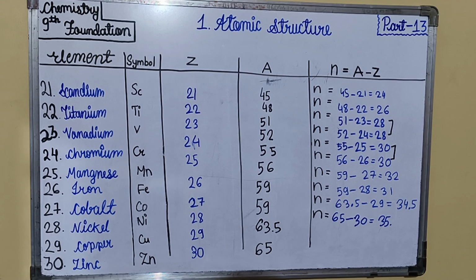So total there were 1, 2, 3, 4, 5, 6, 7, 8. 8 pairs. Total 8 pairs were there. And just remember that there were 8 pairs of similar neutron numbers.